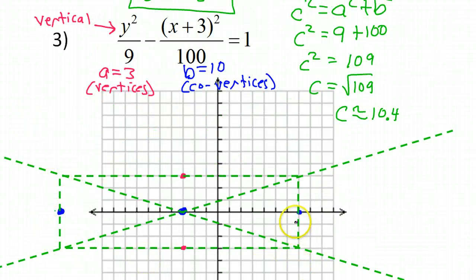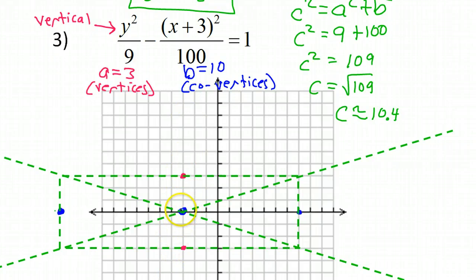I went ahead and drew the rectangle and the diagonals off camera, but like I was saying, the foci, this 10.4 will help me place each focus. Please remember that this is going to be a vertical hyperbola, so the branches, look at these vertices, the foci should be right in line with the vertices.